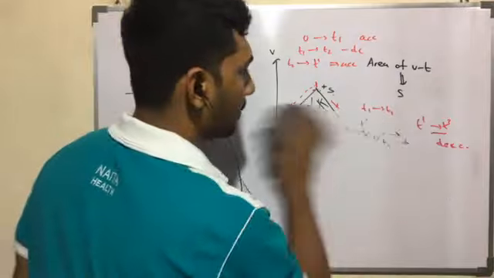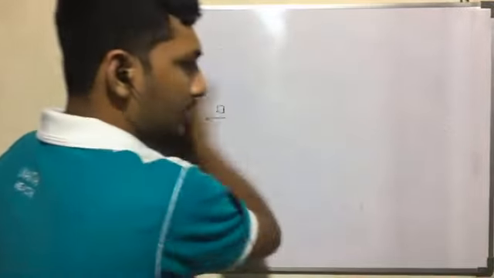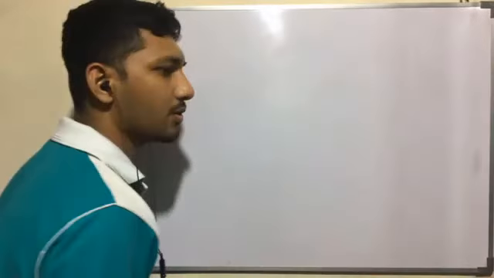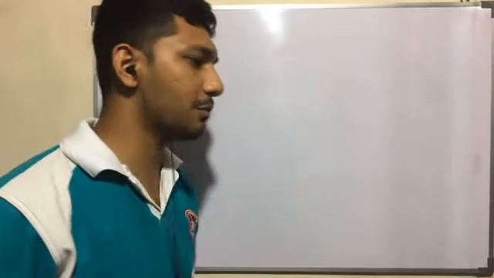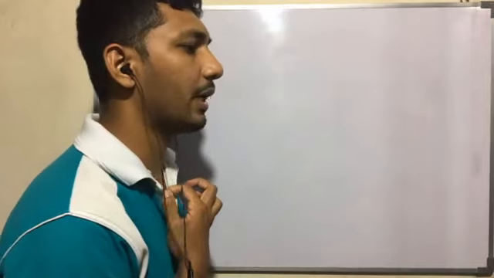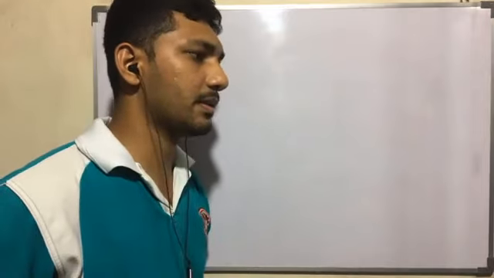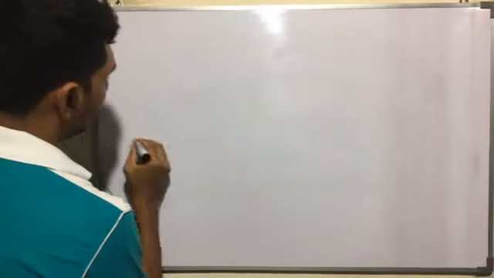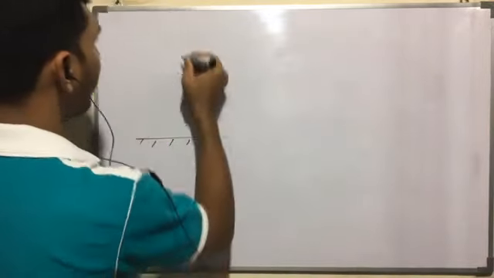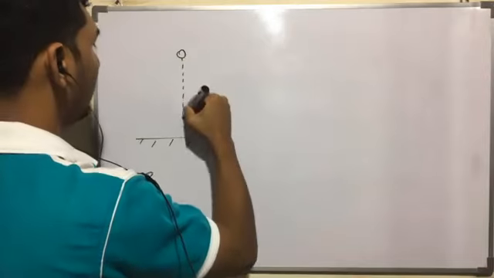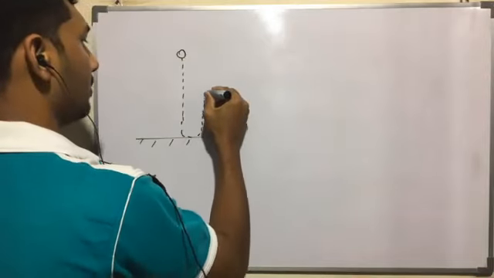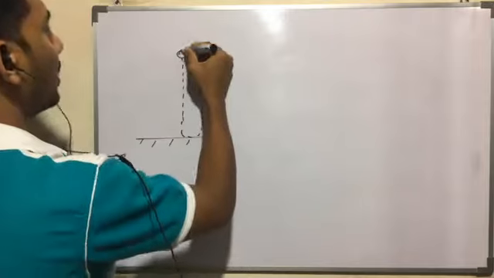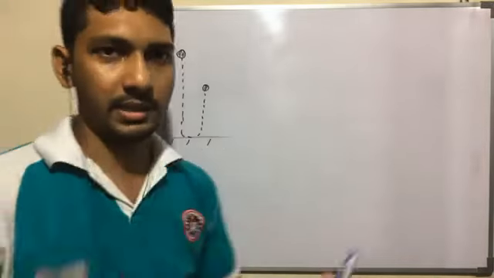Now the fifth question. It's a good question. An object dropped from the height h bounces back from the floor to the height h by 2. Which of the following v-t graphs represents the motion of the object? So you drop the object from here, and it bounces. Compare it to a soft ball, any small ball: you put it down and it comes back.